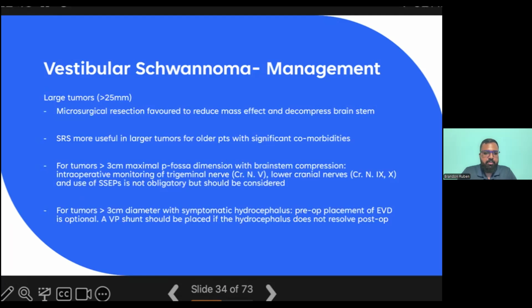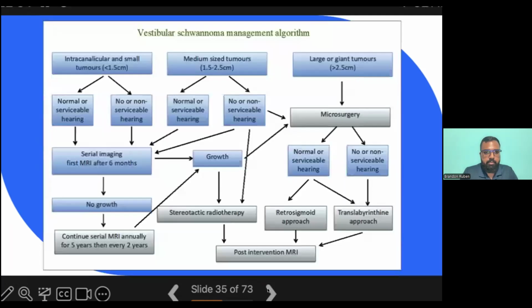A VP shunt should be placed if the hydrocephalus does not resolve post-op. This image shows an algorithm of the different management compared to the tumor sizes and the recommendations for each different stage of monitoring.